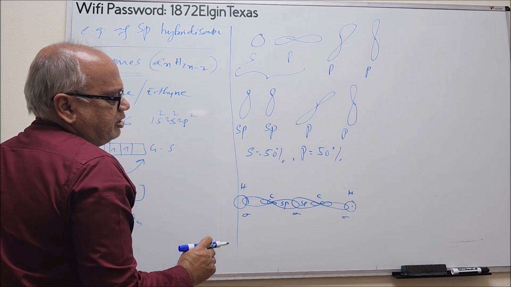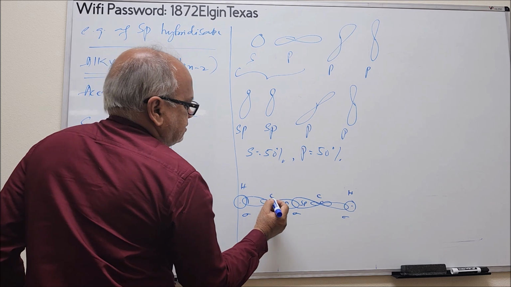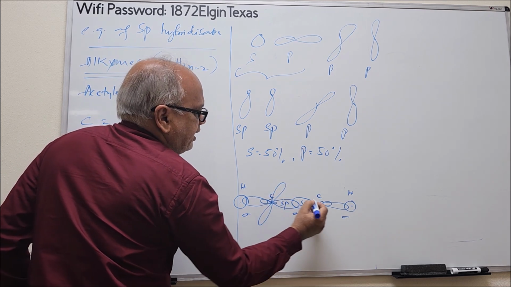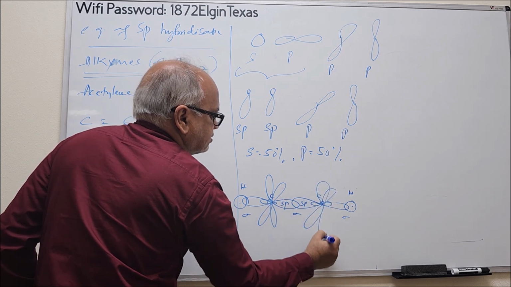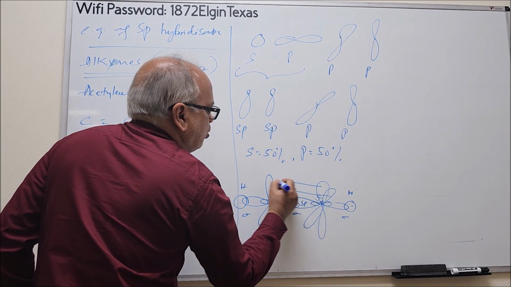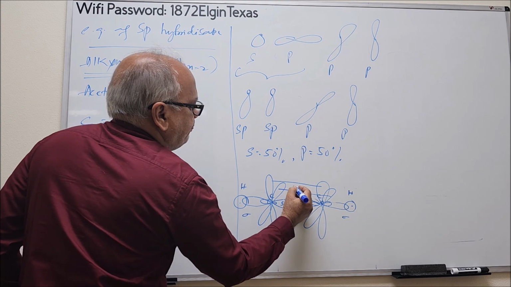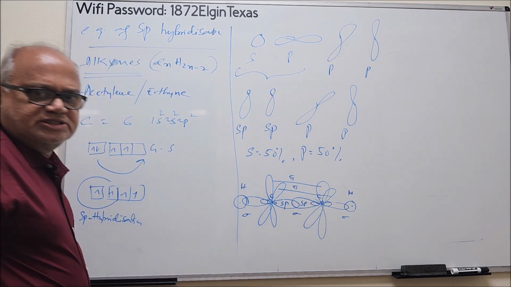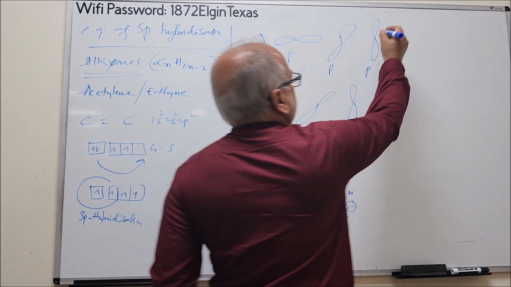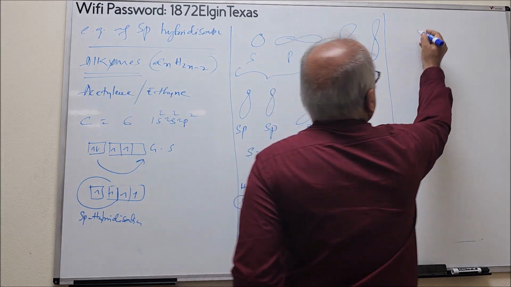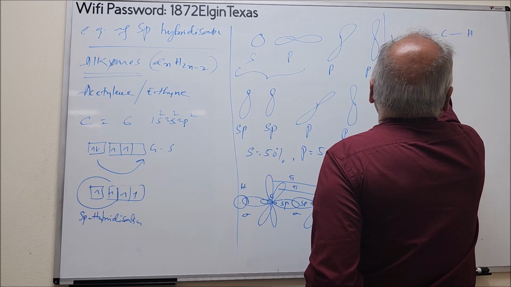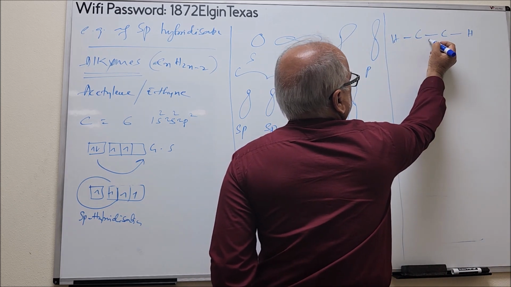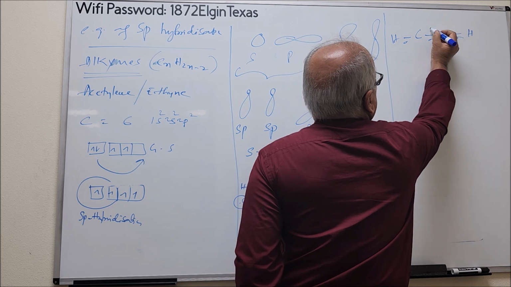So how many sigma bonds now? 3 sigma bonds. Every carbon atom has 2 unhybridized p orbitals, which overlap to form 2 pi bonds. In the structural formula, this one is sigma, sigma and sigma.